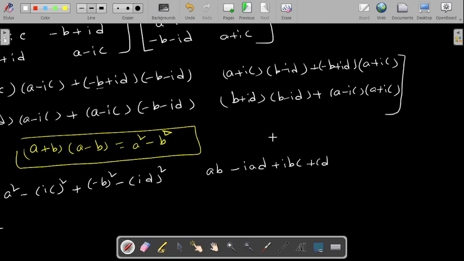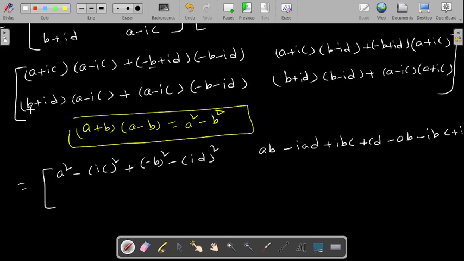Okay. Next this one, minus B plus A, minus AB, minus B into iC, minus iBC, iD into A, that is i into AD. Next i into i square, that is minus CD.